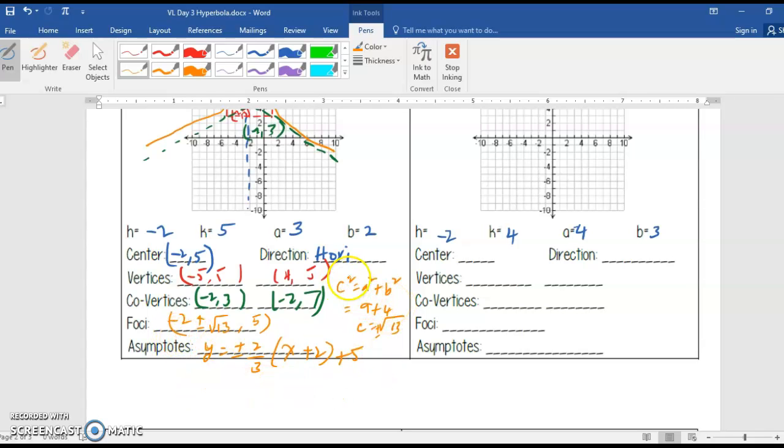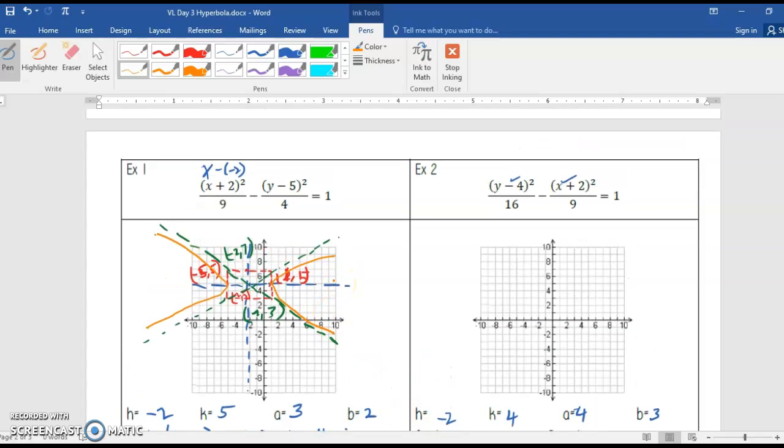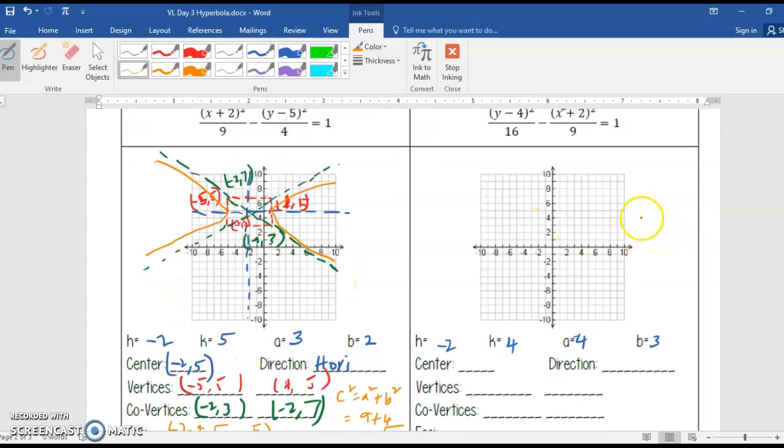So this is how you get the equation and the graph. If you look here quickly, the center is negative 2 and 4. The direction is going to be vertical, so you have to be really careful. So here negative 2 and 4 is somewhere here, again in the second quadrant, and you'll draw the axis lines.